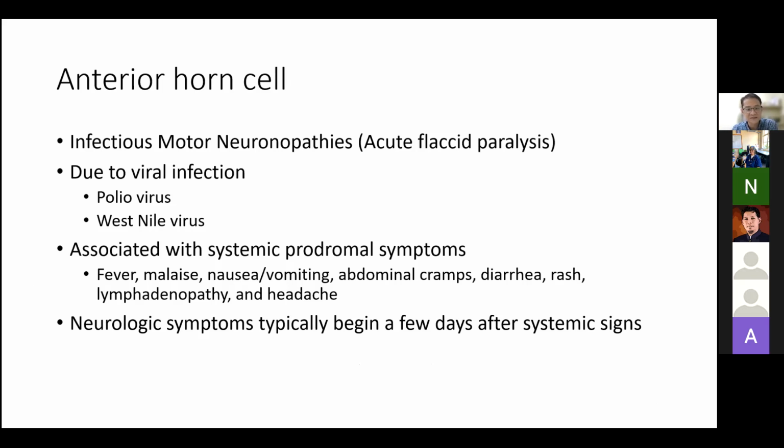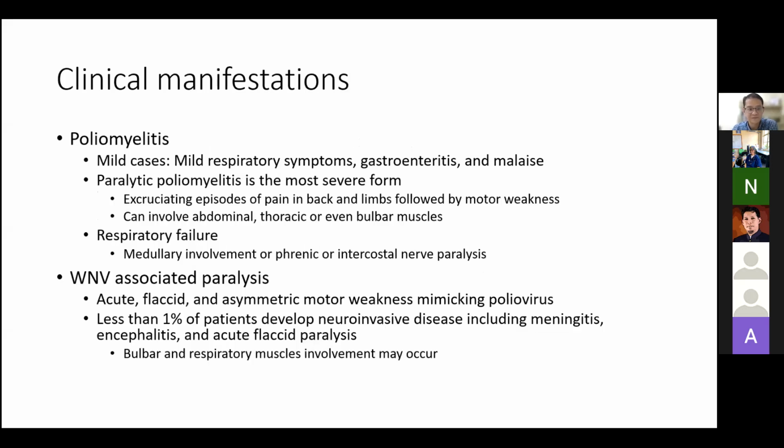Normally the symptoms come with prodromes like fever, malaise, nausea, vomiting, abdominal cramps, diarrhea, but the neurological symptoms come after that. Some with severe presentation even require respiratory support because they develop respiratory failure. But this is hardly something that we see nowadays because of improvements in healthcare and vaccination programs. West Nile virus is very, very uncommon in this country.